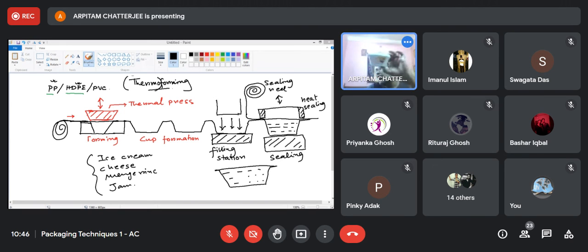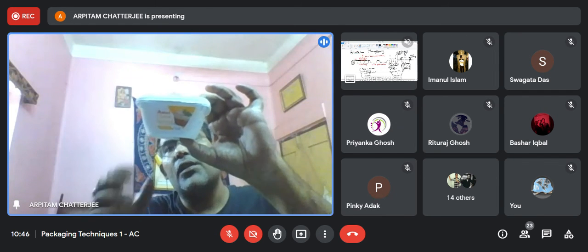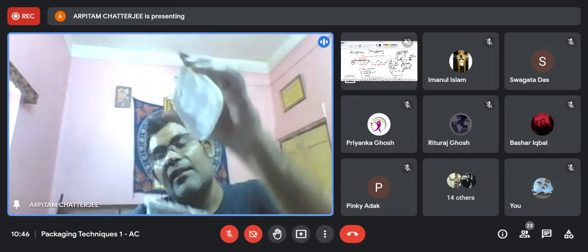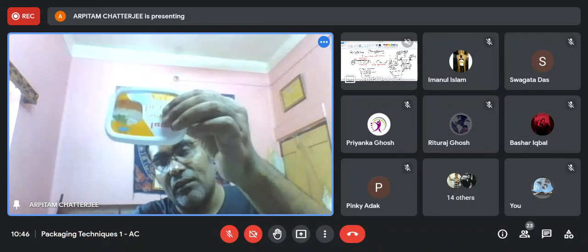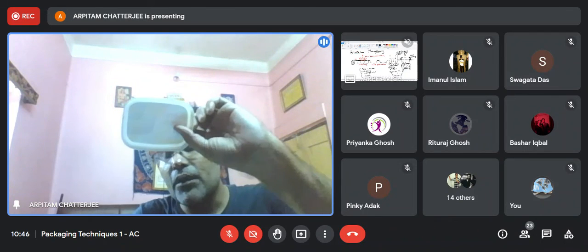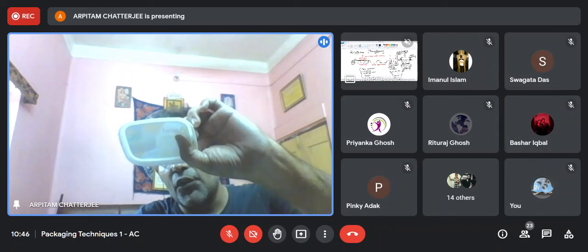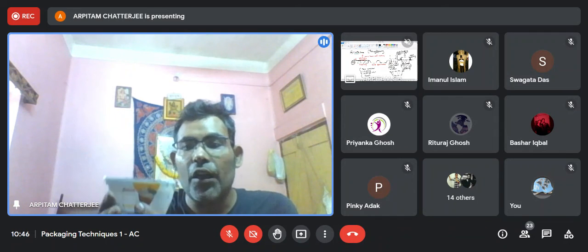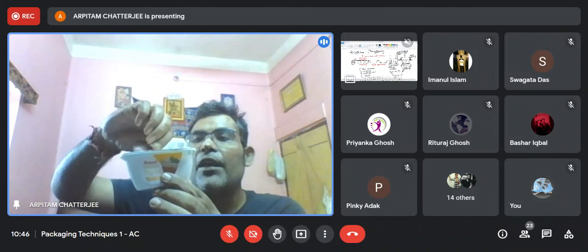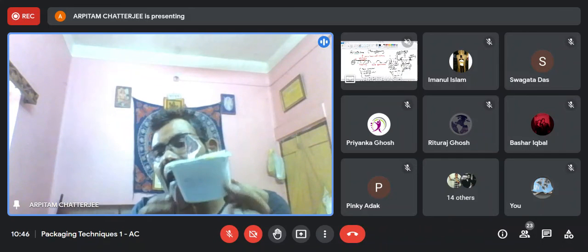This is a cheese spread. So this part, don't think that I am talking about this. This is a different process. Although this is also done using thermoforming, the part that we have talked about is the forming of this one, and on that you can see there is an aluminum foil kind of thing.